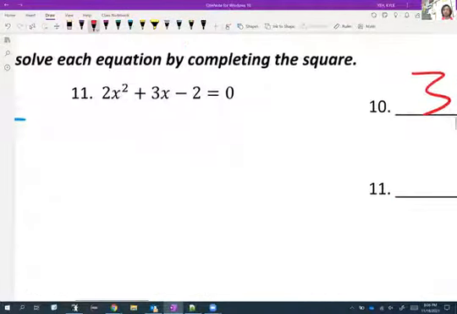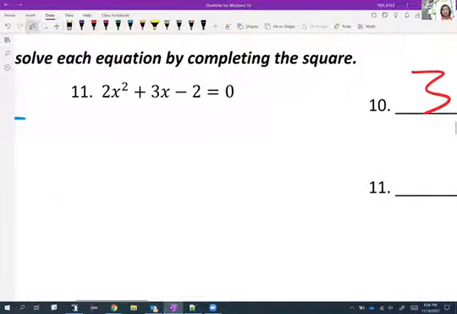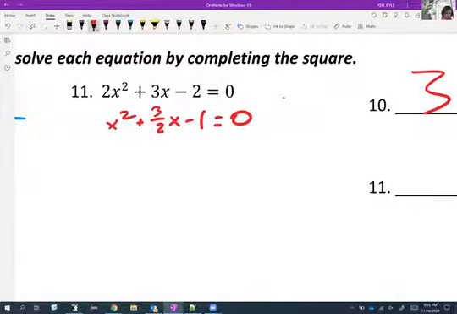Same process on 11, just a little bit trickier. We can only complete the square if we have x squared, just one x squared. So I'm going to divide everything by 2 straight away. X squared plus 3 halves x minus 1 equals 0, dividing everything by 2. So let's do the same thing now.